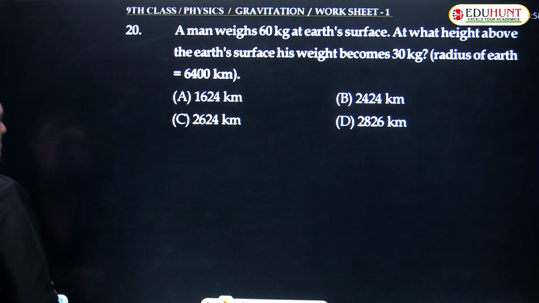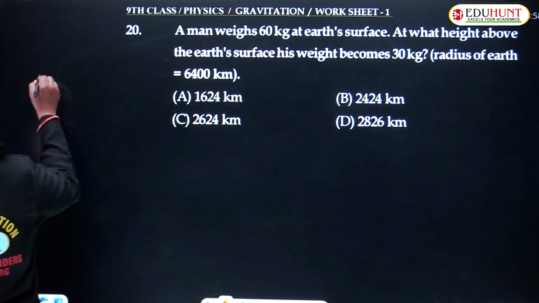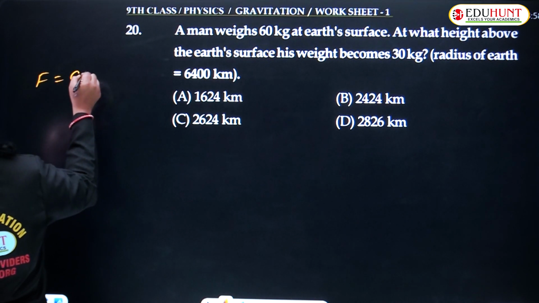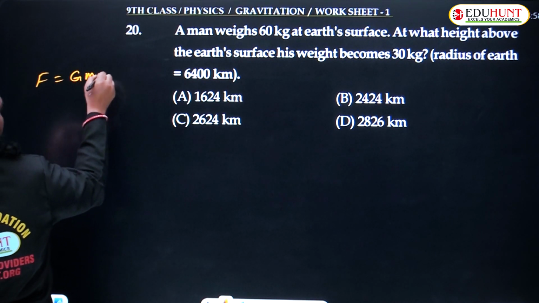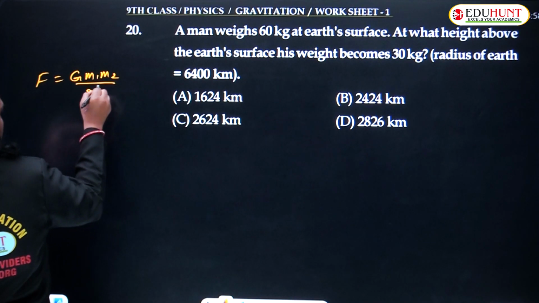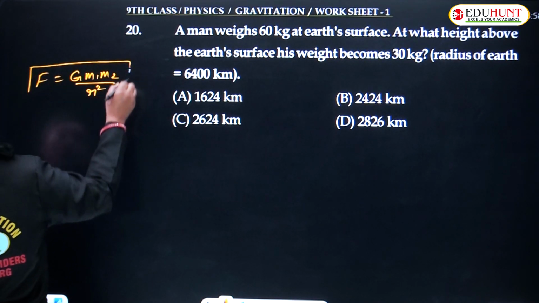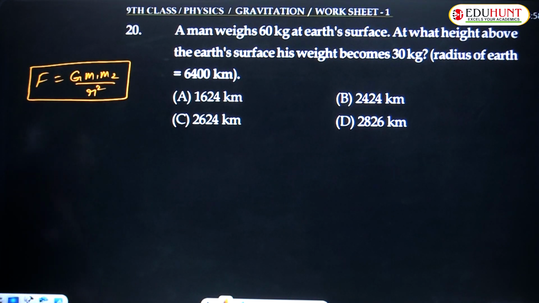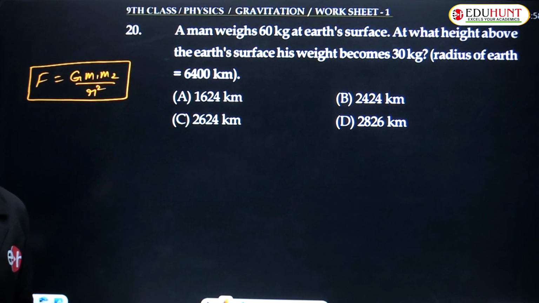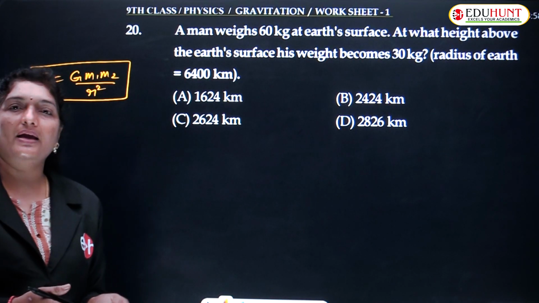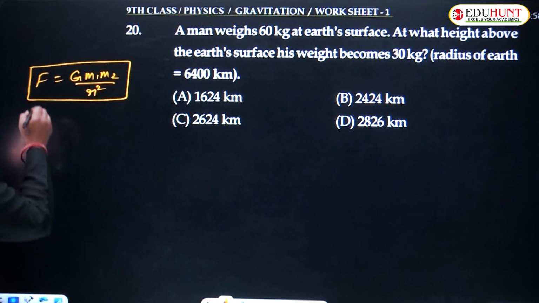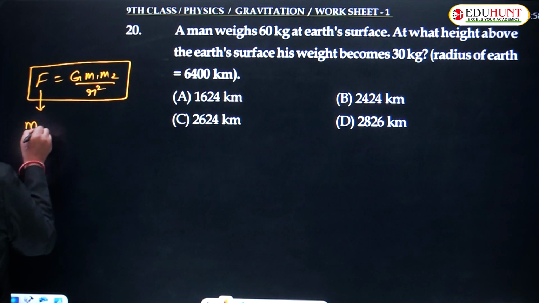Children, we know the formula for F as G M1 M2 by R square. This is the only formula known to us. Force due to gravity: generally force F is ma, but force due to gravity is taken as mg.